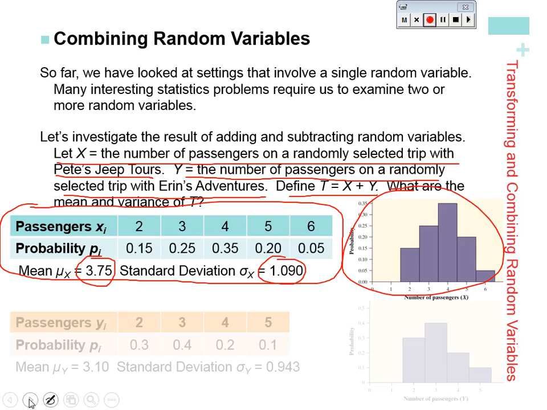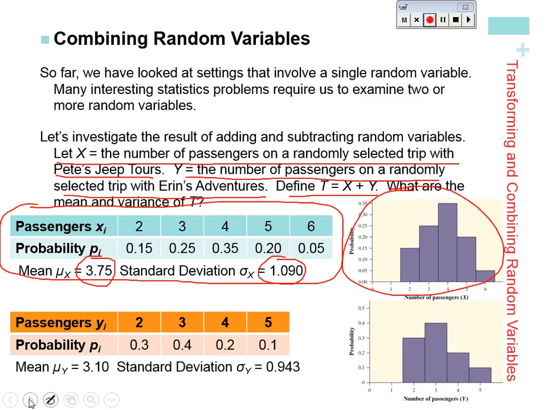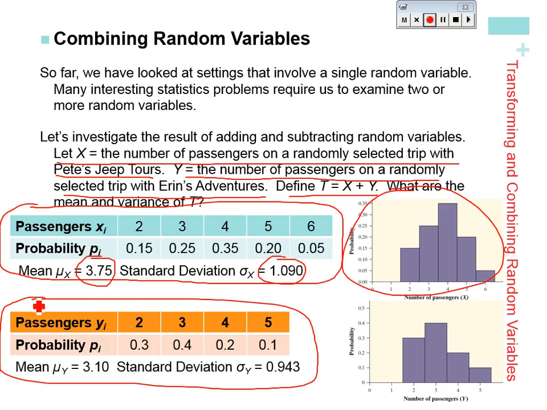Then this new set of data is for Aaron's Adventures, and this is the mean for how many passengers she expects on a randomly selected day, and this is the standard deviation for that as well.